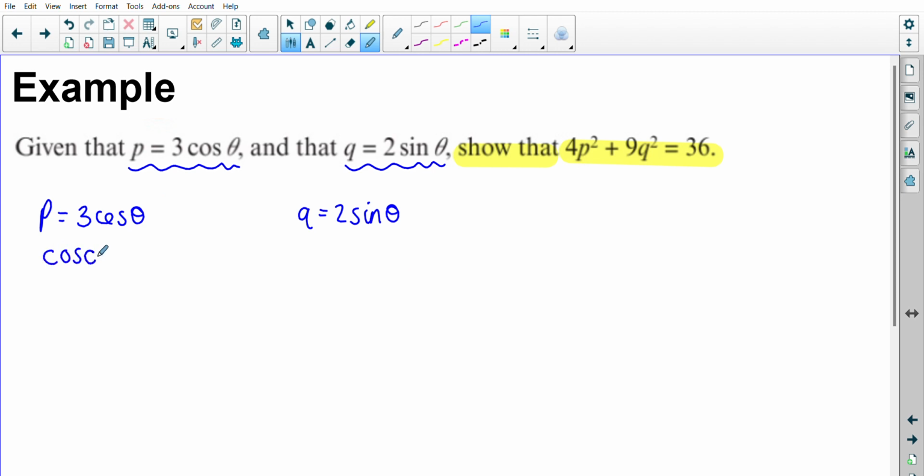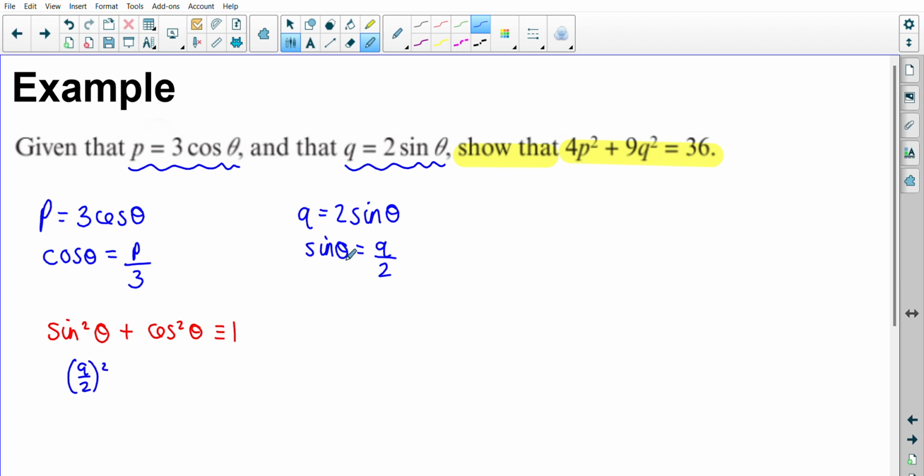So I'm going to do cos theta equals P divided by 3. I've just divided both sides by 3. And this one, sin theta is equal to Q divided by 2. I've divided both sides by 2. Now if I use the identity, sin squared theta plus cos squared theta equals 1, I'm going to replace the sin squared theta with whatever Q over 2 squared is.